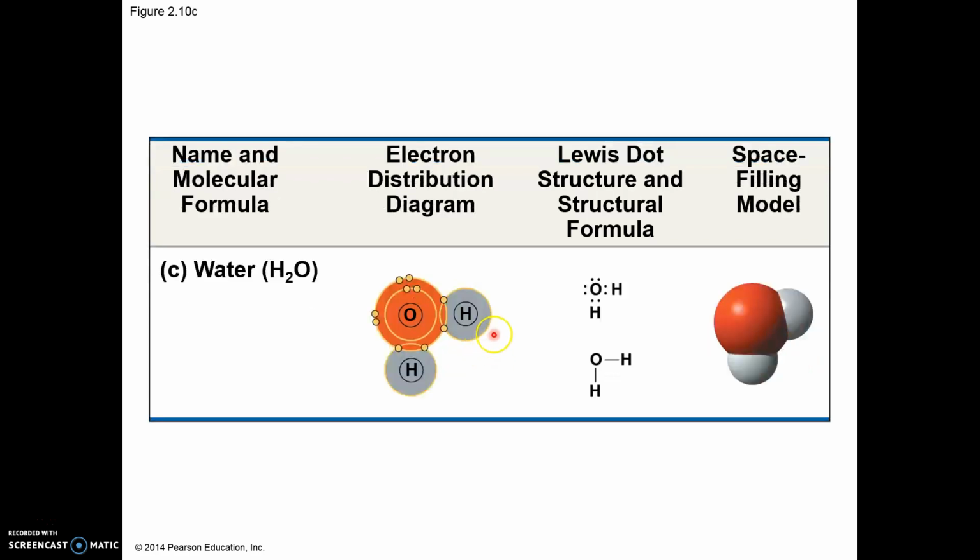Okay? Now, here we have water. Again, oxygen needs 2, hydrogen needs 1. So another way of accomplishing getting everyone full is for one oxygen to share electrons with 2 hydrogen atoms. Okay? So you can see here that these electrons are in energy shell 2 of the oxygen, but in energy shell 1 of the hydrogen. And you can see that the same is true here. Here's the Lewis dot structure, here's the structural formula, and this is what it actually looks like in three-dimensional space.